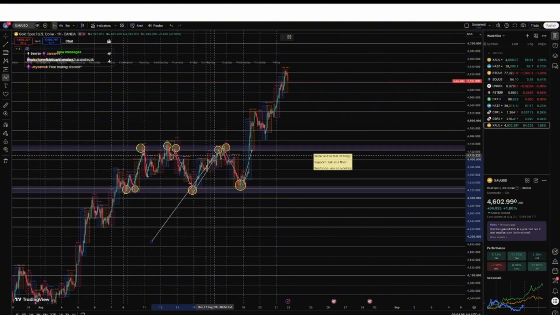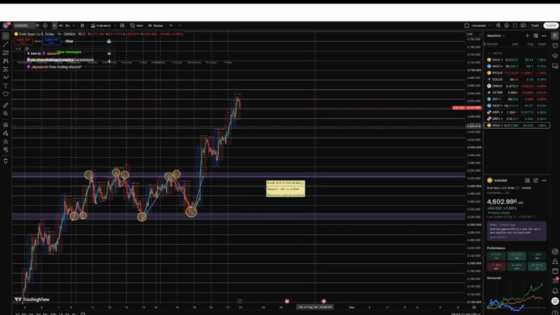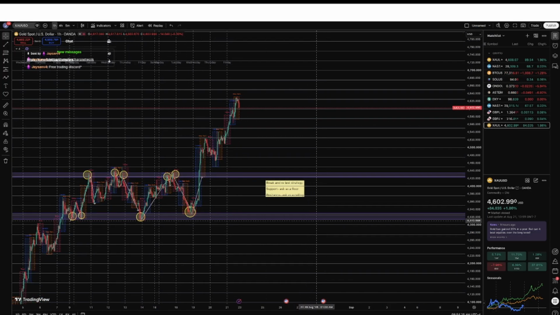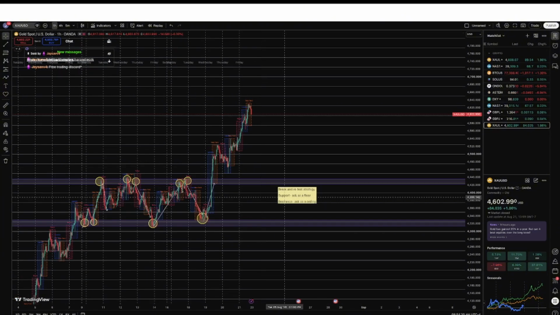So now, going back to what I said earlier, sometimes previous supports can act as a new resistance and previous resistances can act as a new support. So now let's say, for example, you see price came down here, tapped the support, and price went up and broke through this resistance.